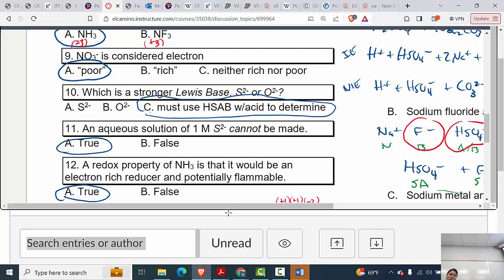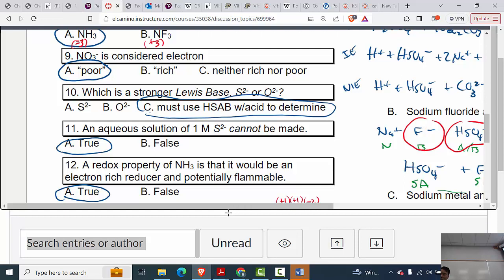Strong bases, strong acids, and soluble salts are strong electrolytes. And so sulfide is going to hydrolyze water 100%. And when it does that, it's going to convert that sulfide into hydroxide. Hydroxide is the strongest base that can exist in water.